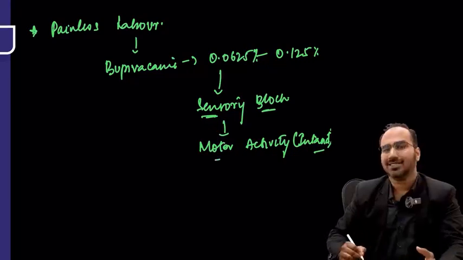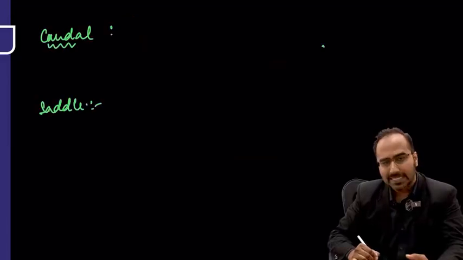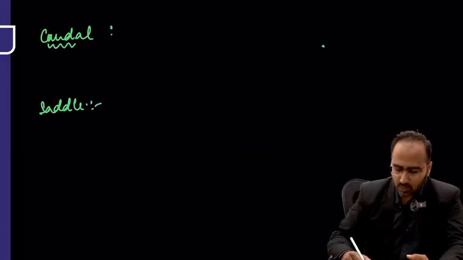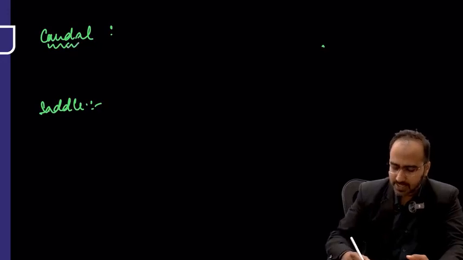So guys, after spinal anesthesia, there are two more things in central neuraxial block that we need to discuss. One is the caudal anesthesia, the other is the saddle anesthesia.